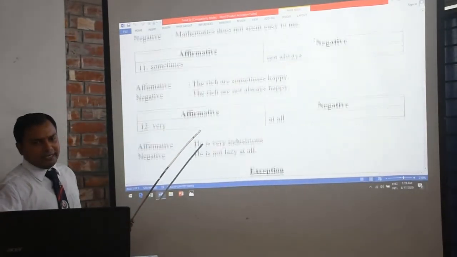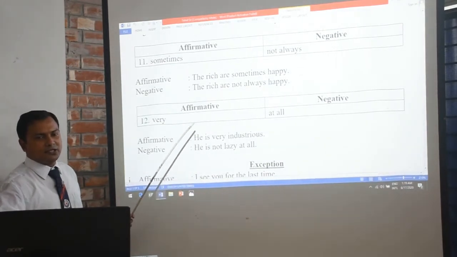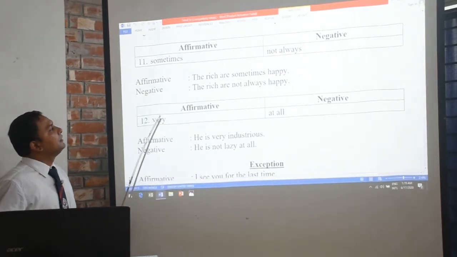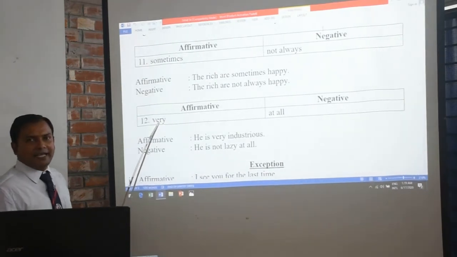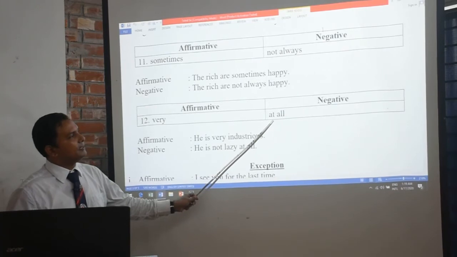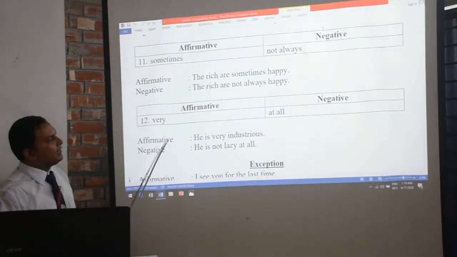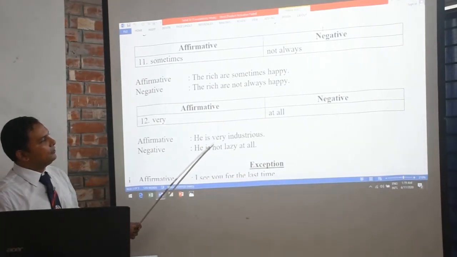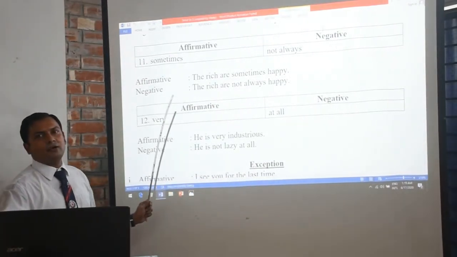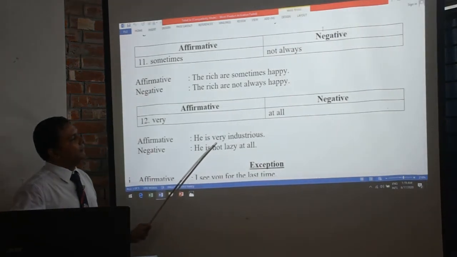The next rule, and this is the last rule for changing sentences from affirmative to negative, is that for very you have to use at all in the negative sentence. You see the sentence, he is very industrious. Here there is no indication of previous rules, only we can see very.